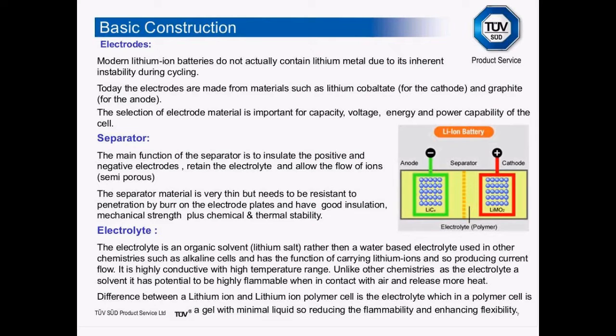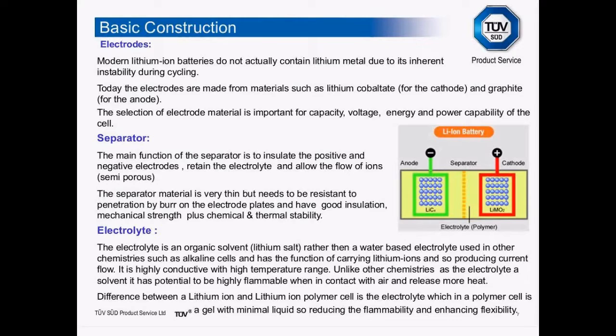The electrolyte is an organic solution, or solvent, which is often lithium salt rather than the water-based electrolyte which is used in other chemistries such as alkaline cells. This has basically the function of carrying lithium ions and so producing current flow. It is a highly conductive solvent which has a high temperature range.